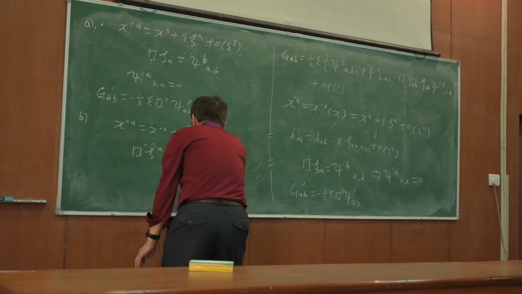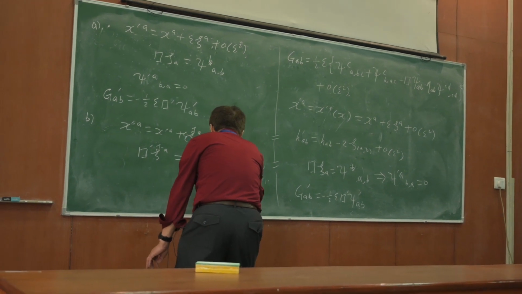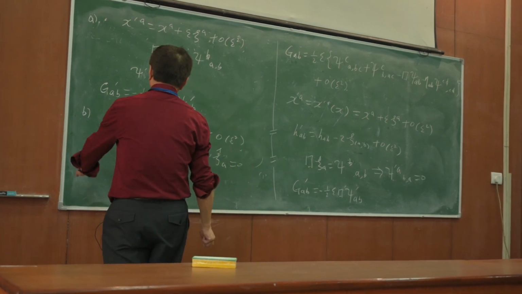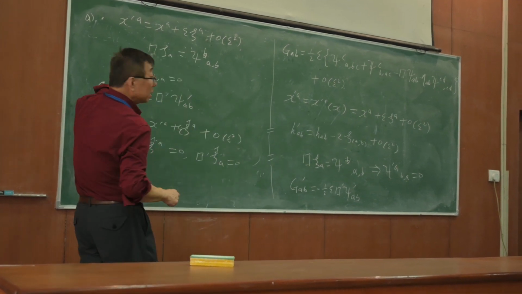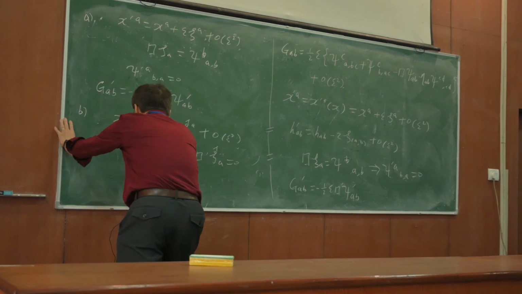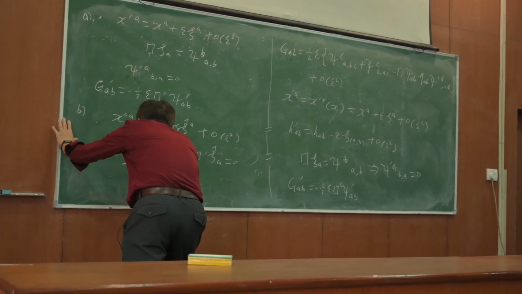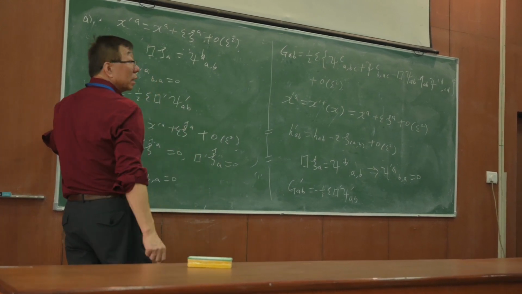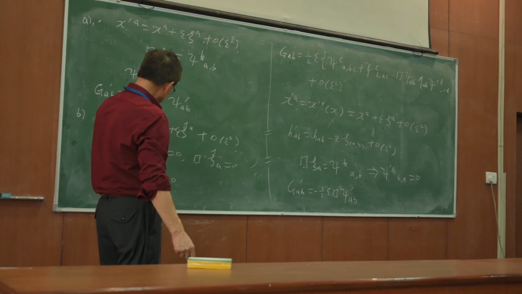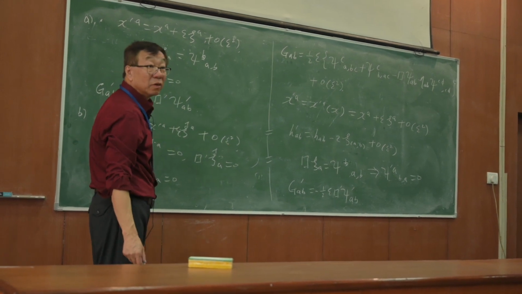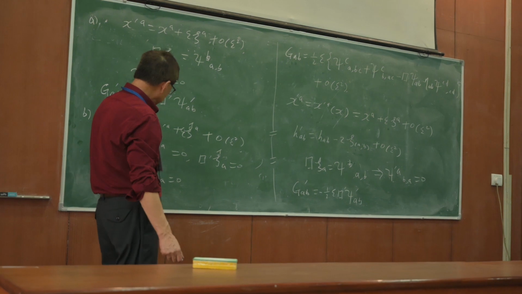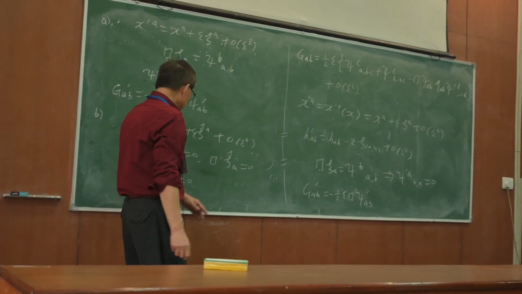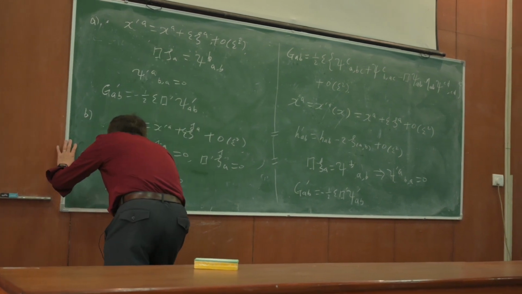Or you can say this prime hat A equals 0. Actually, this condition is still satisfied. I still have double prime A B equals 0. But I have one arbitrary function, not arbitrary, but just satisfying this equation. That's enough. Okay?